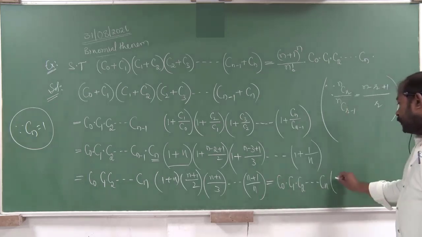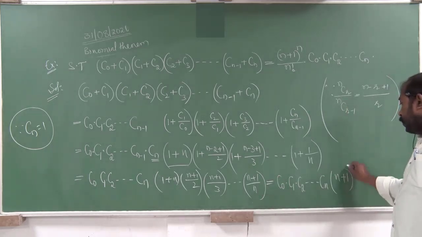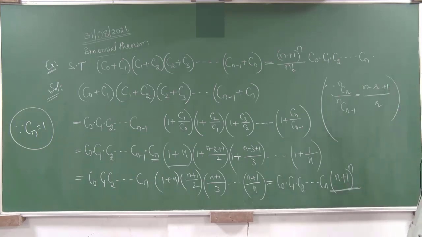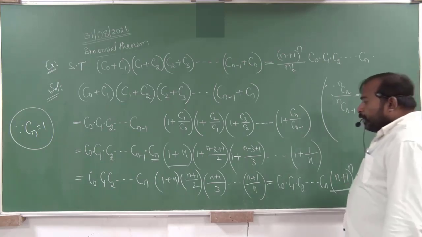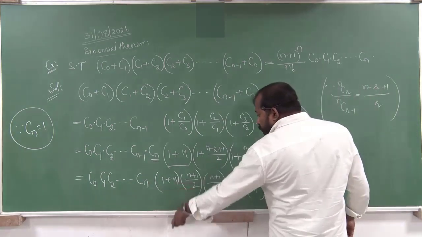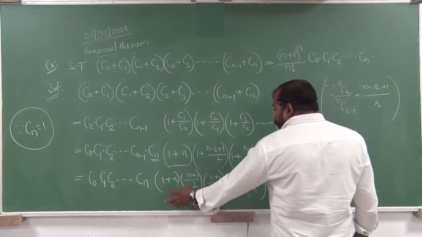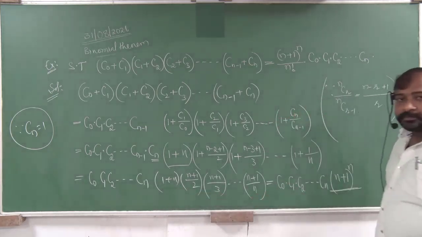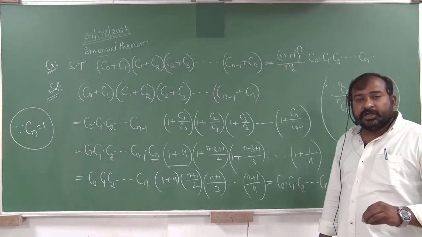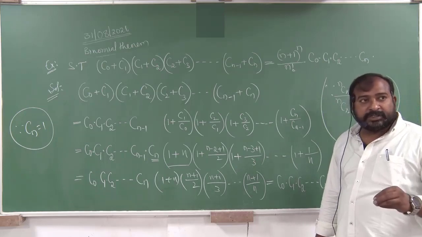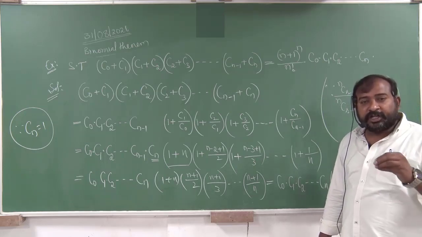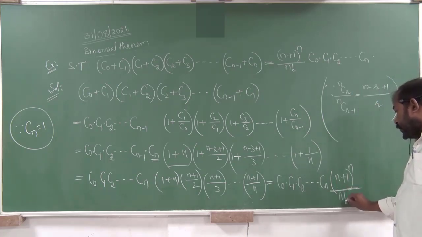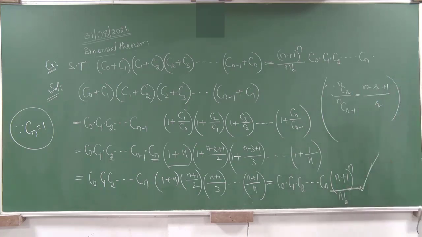So the value will be n plus 1 whole power n. What about the denominator value? By 1 is there indirectly here: 1 into 2 into 3 into, up to n. The product of the first n natural numbers is denoted by n factorial. So this is our required answer.